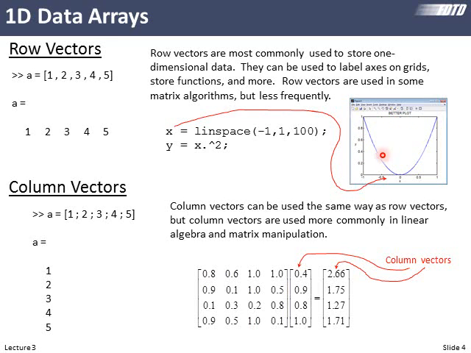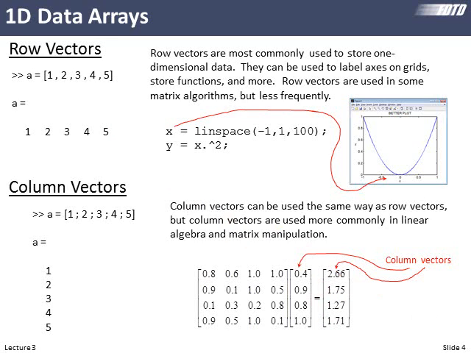So row vectors are more graphics oriented, if you will, although they do pop up in linear algebra from time to time. Column vectors are really exclusively a linear algebra concept. We use them when we're doing matrix algebra. We'll have some big ugly square matrix, we'll multiply a column vector, and we'll get another column vector. But in the end, both of these are just a linear array of numbers.